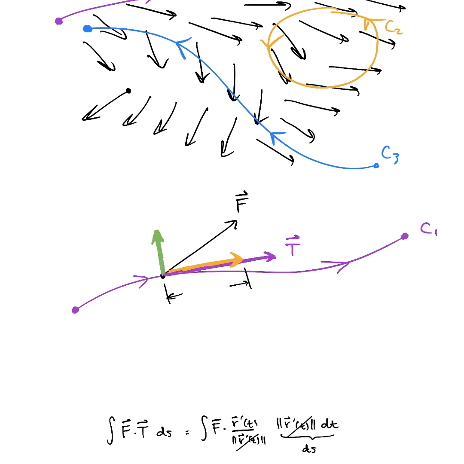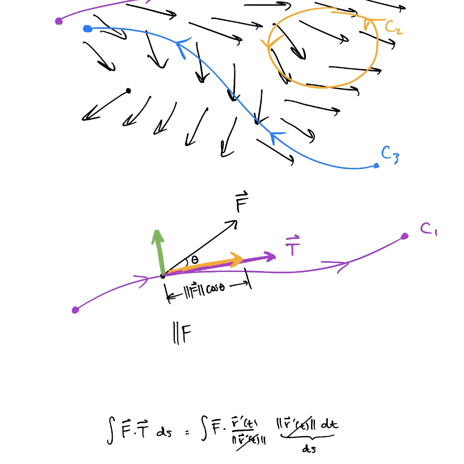And if you remember, if you called this theta, then that distance right there, that's magnitude F cos theta. Okay, so the amount of the black arrow in the direction of the purple arrow is just magnitude F cos theta.